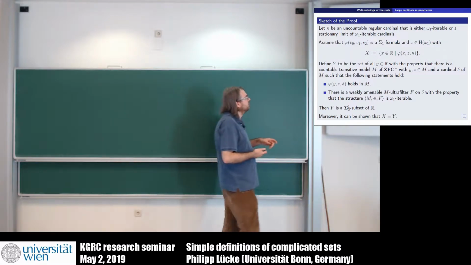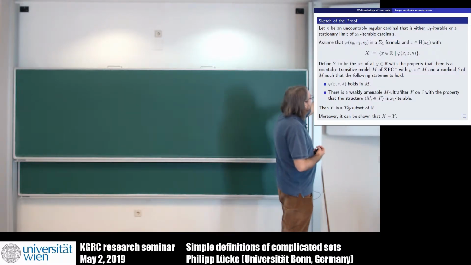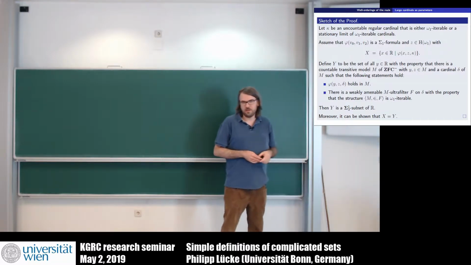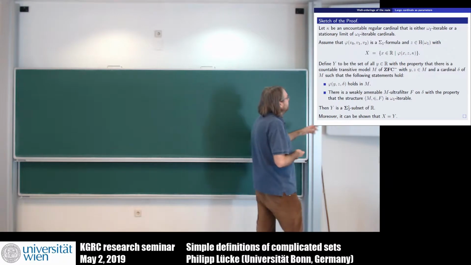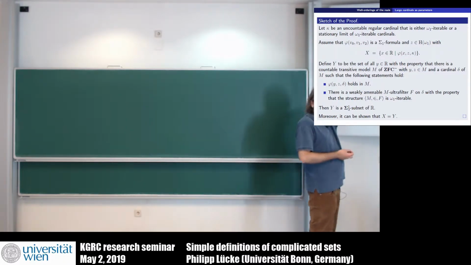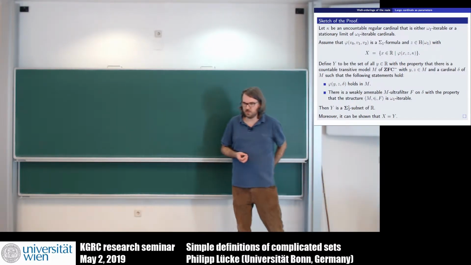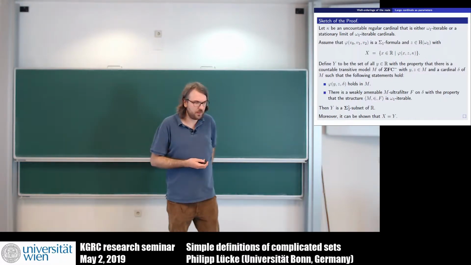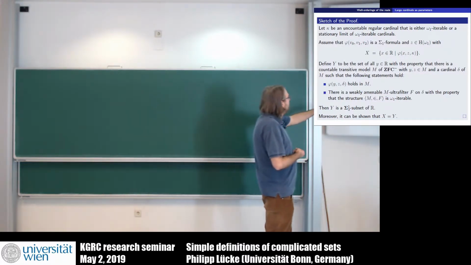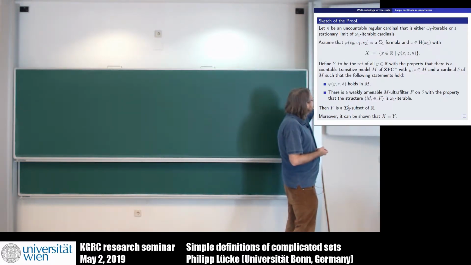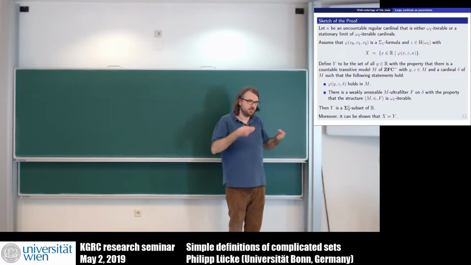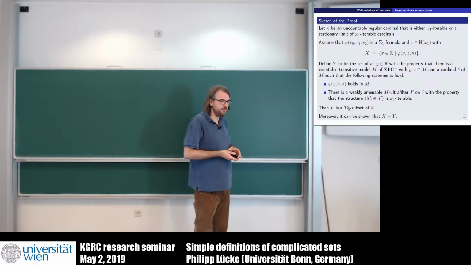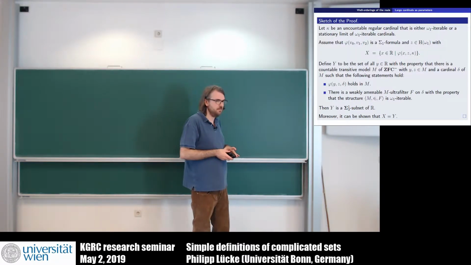And so you get a witness that the set we started with is in Y. In the other direction, if you have an element of Y, then you take this model and you iterate it up to kappa because it's fully iterable. And then the Sigma 1 statement holds in kappa's model, but since it's Sigma 1, you're upwards absolute, so it holds in V, and you're an element of X.